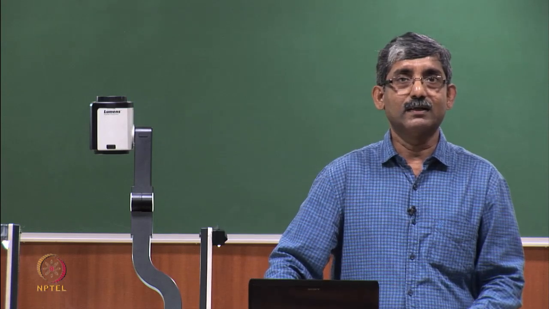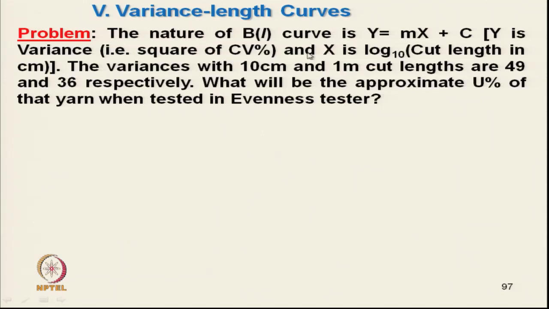The problem here is that the nature of the BL curve is given. It is a logarithmic curve, which is y = mx + c, where y is the variance, that is the square of CV%, and x is the log of cut length.